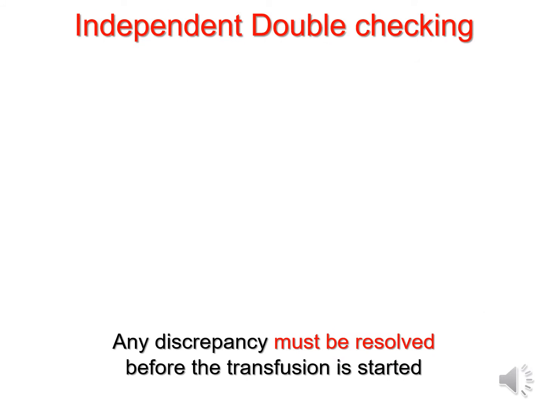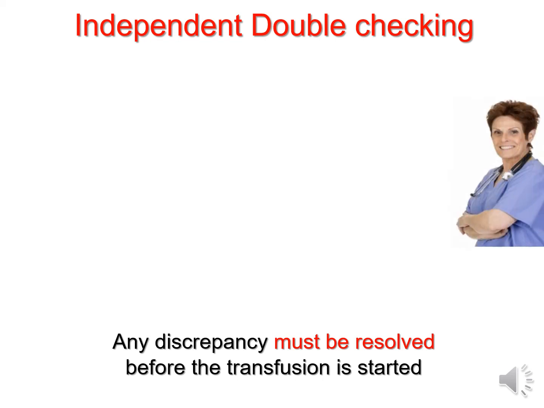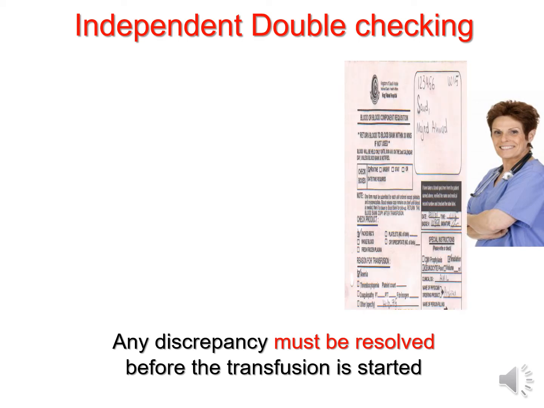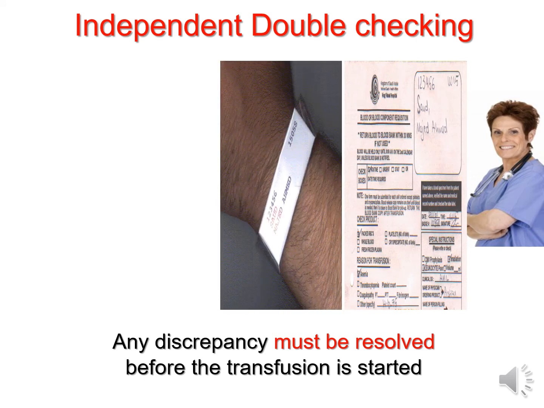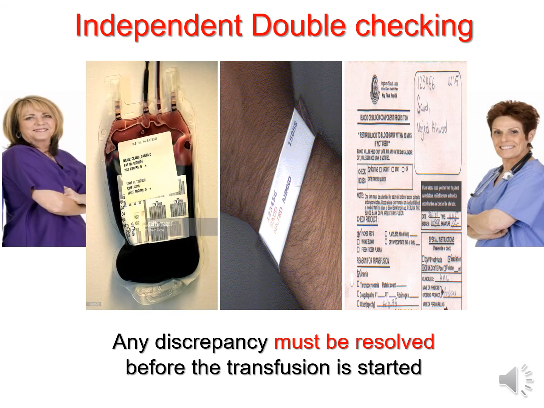Then most organisational policies state that there has to be independent double checking by someone who is competent or accredited to give blood and a blood product. And this is typically registered nurses. So independent double checking basically means that you've got one registered nurse or healthcare practitioner who checks the requisition form, compares it to the patient's ID and the blood product.